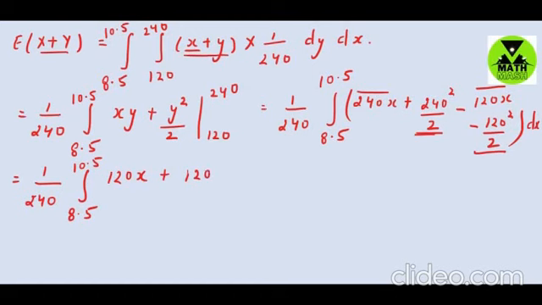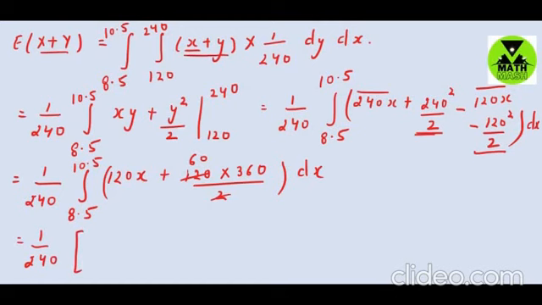So this is 120 multiplied by 360 divided by 2, and then integrate with respect to x. So this is coming out to be 60. When we integrate this function with respect to x, this is coming out to be 120 x square by 2 plus 21600 x, because we are integrating this function with respect to x, and substitute x equals 8.5 to 10.5.